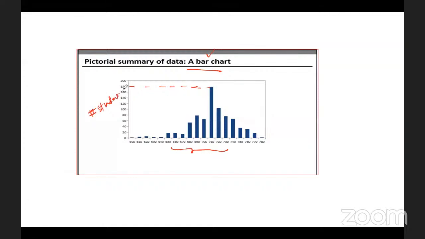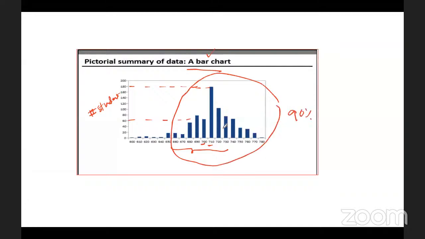So roughly 180 students have got 710. At 700, roughly 60 students. For each bar, you can check with the y-axis and understand how many students have got that score. Overall, above 650, almost 90% of the students have got it.